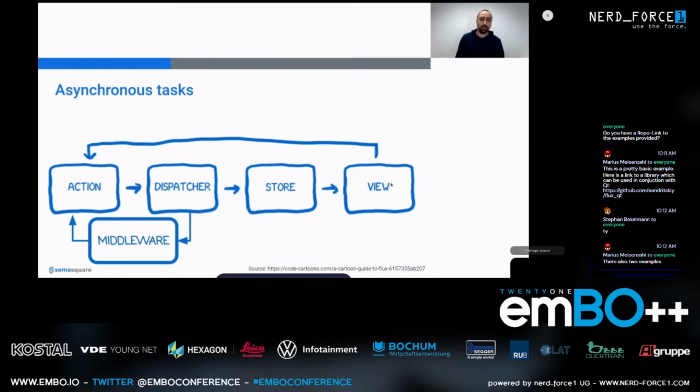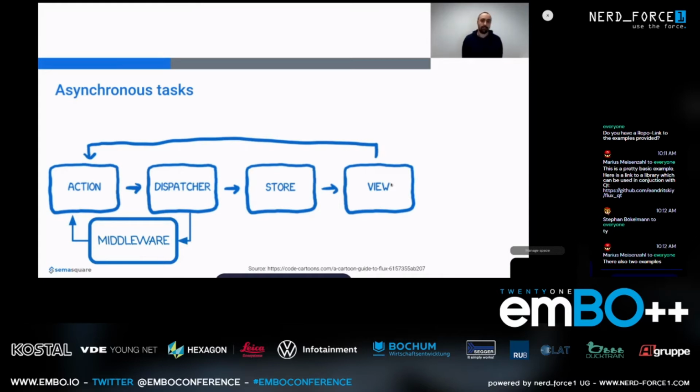As already mentioned, the implementation of the Flux pattern shown here is greatly simplified to make it easier to understand. The execution of asynchronous tasks is not implemented in this basic example. Asynchronous tasks are not executed in a store, but in middlewares.